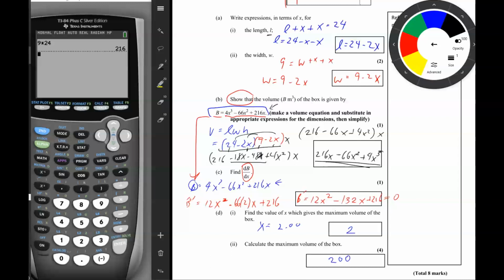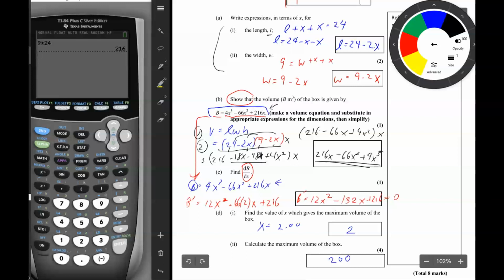Your answer here is these steps. So step 1, I used volume equals length times width times height. Step 2, I substituted in the expressions from A. Step 3, I did FOIL. Step 4, I distributed the x to each one of the terms that I got from FOIL, and then I finally got the answer. Okay, so that's what we're expecting to see for part B.